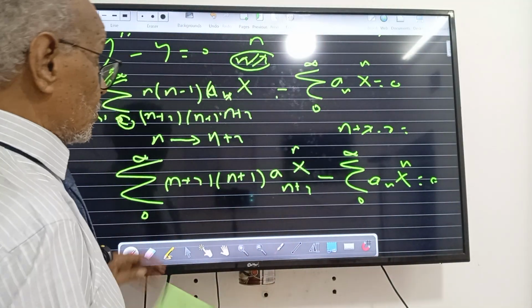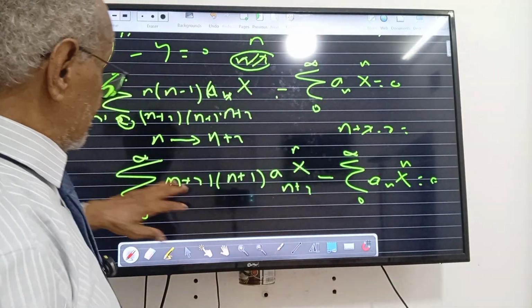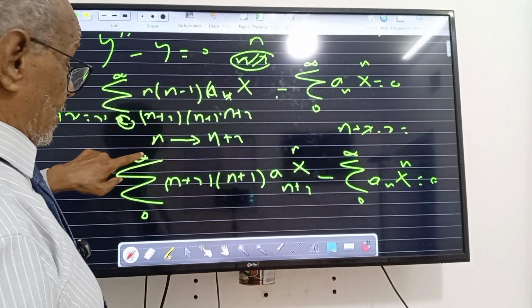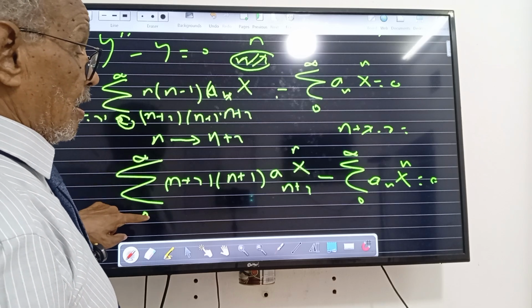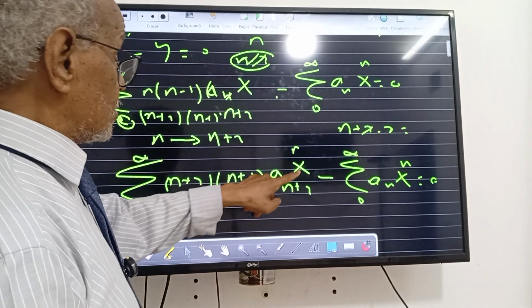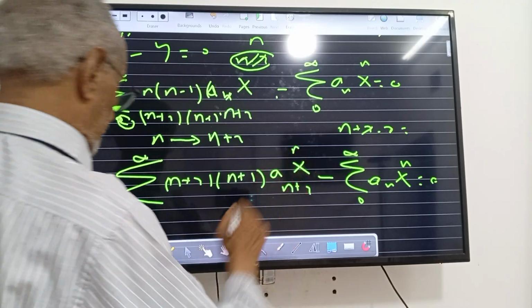Okay? So the common factor of these terms is sigma x to the power n.